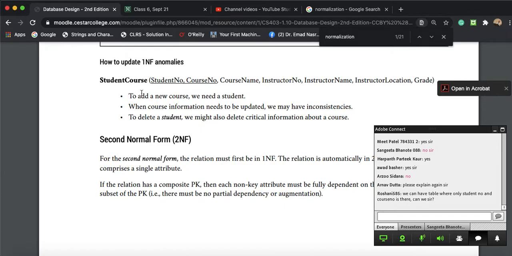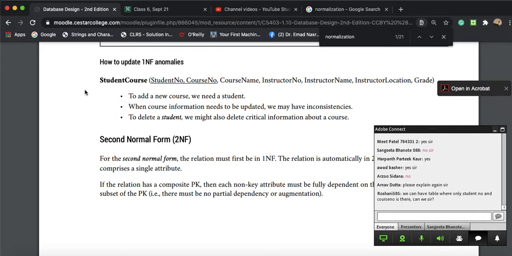So the first problem is inserting. When you insert, you will find a problem. When you update, you will find a problem. When you delete, you will find a problem. So we will find problems in inserting, updating, and deleting.